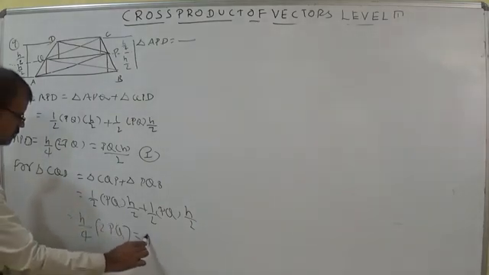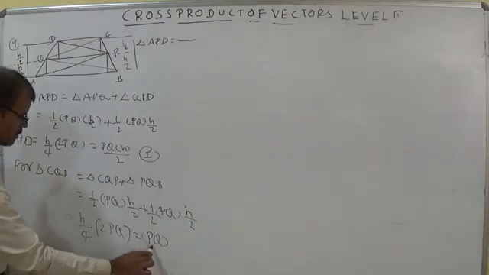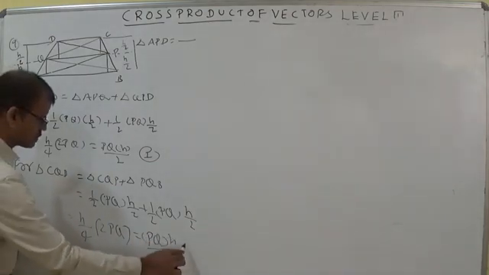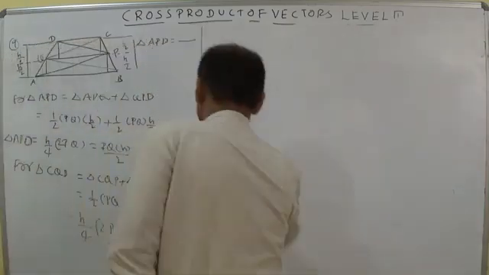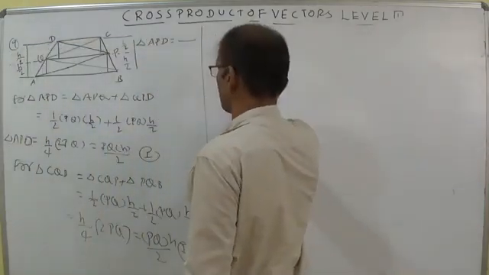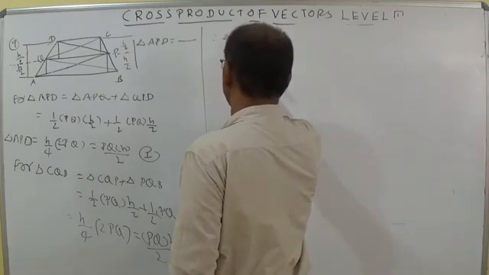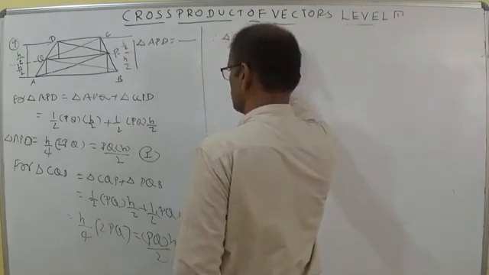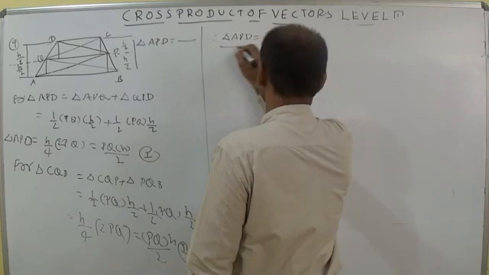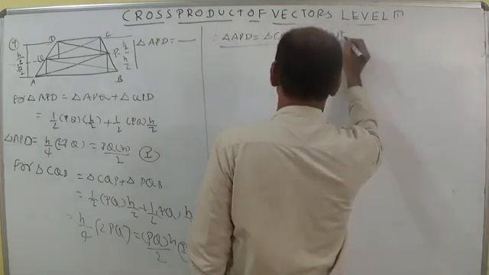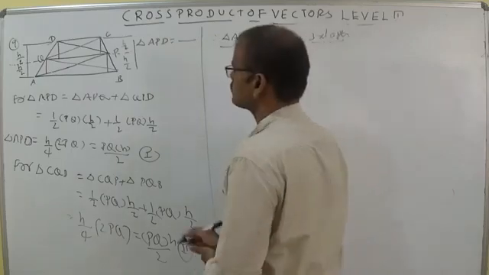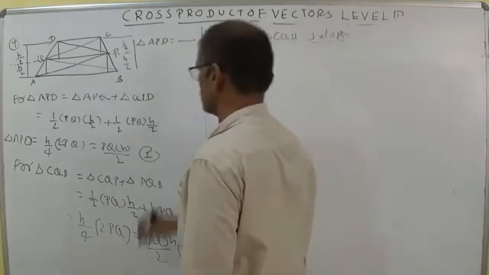That is equal to PQ into h by 2. Let it be Roman number 2. Therefore delta APD is equal to delta CQB. Therefore we can say here, verified, third option. Next let us discuss the 10th question.